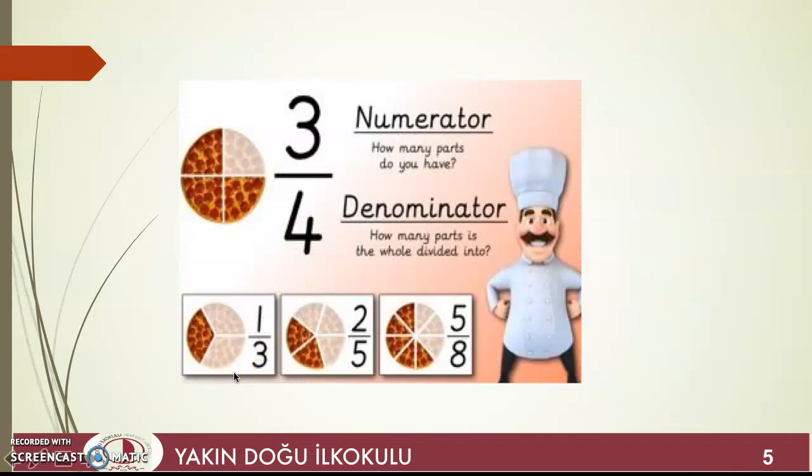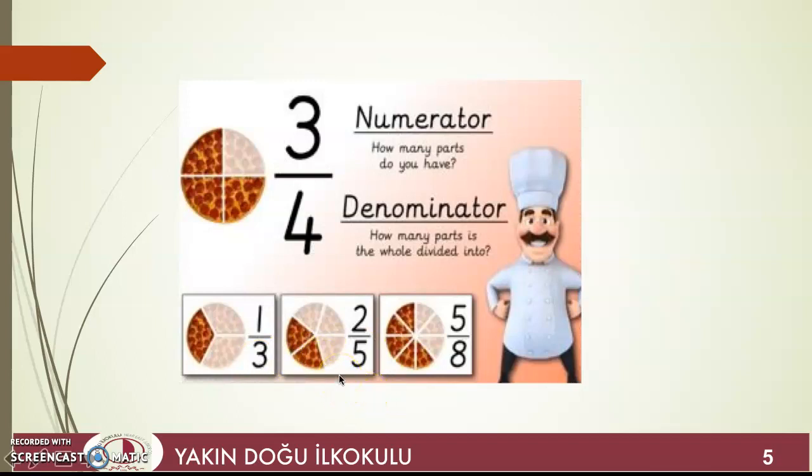Let's look at the first example. How many numerators are there in the first example? 1 numerator. How many denominators are there in the first example? 3 denominators.